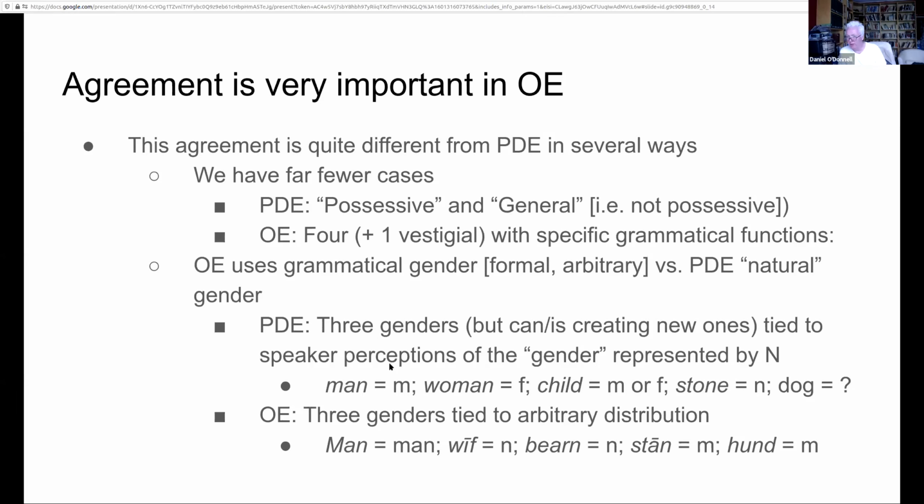Stone, on the other hand, is masculine, not because women are always choosing between men and stones, just because it's arbitrary that they decided that whenever you say the stone's lying there, he is big, you're supposed to use he. And hund is masculine. Again, no real reason, because they also had female dogs, but that's what it is. And bairn is neuter. And there's no explanation for that.